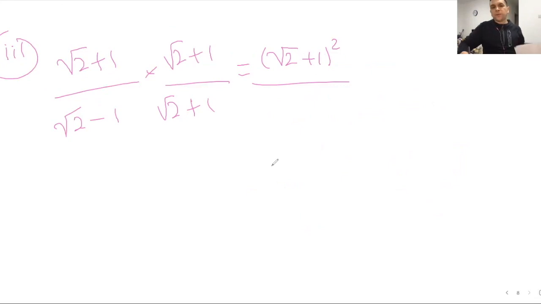And the denominator is the difference of two squares, because look, I'll show you. It's going to simplify to that.